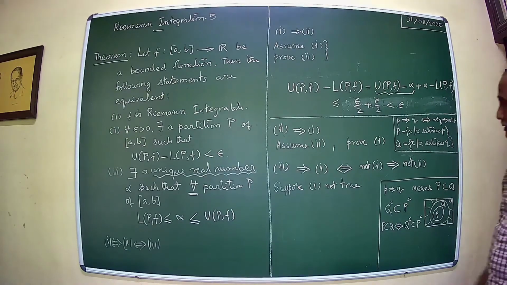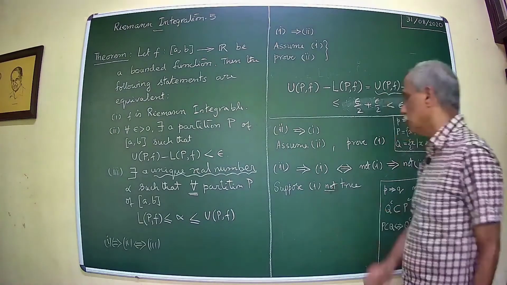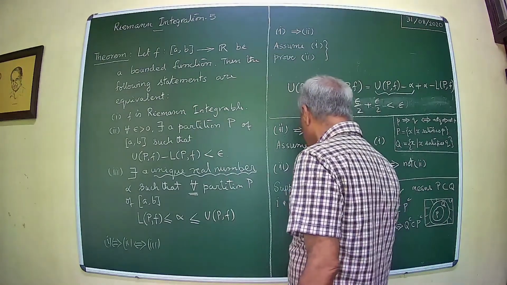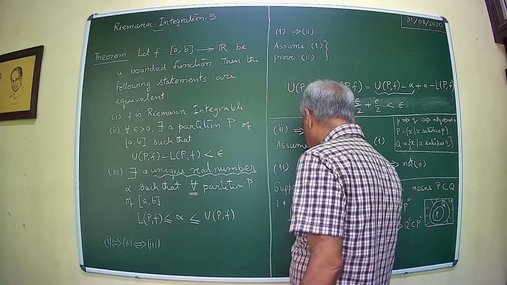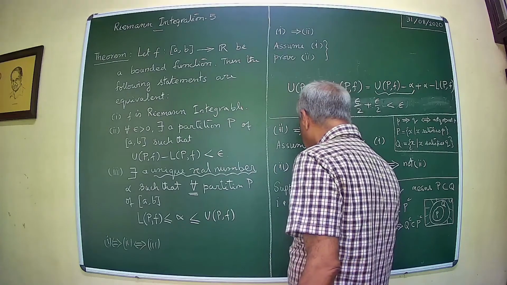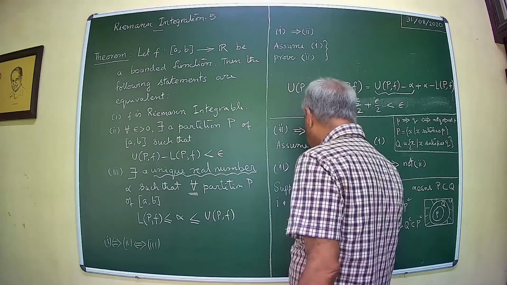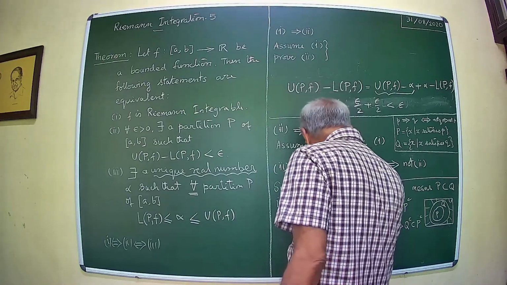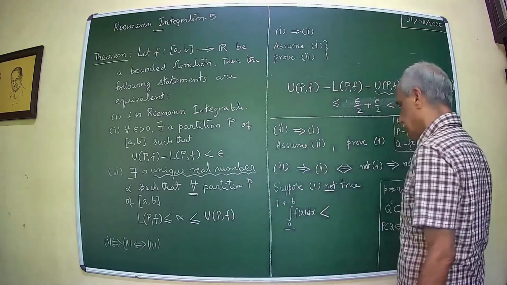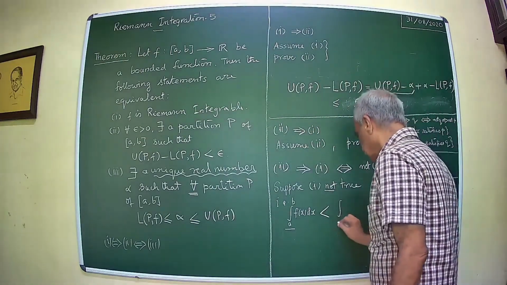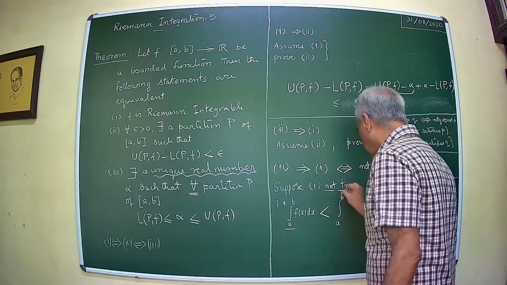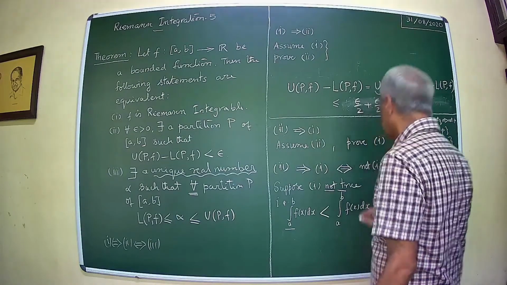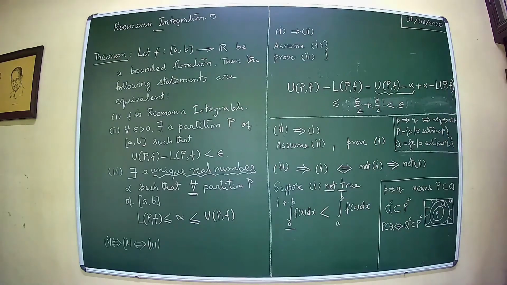Therefore, suppose this is not true, then what it says is that the lower integral of f(x) dx is strictly less than the upper integral. That's the negation of the statement that f is Riemann integrable.